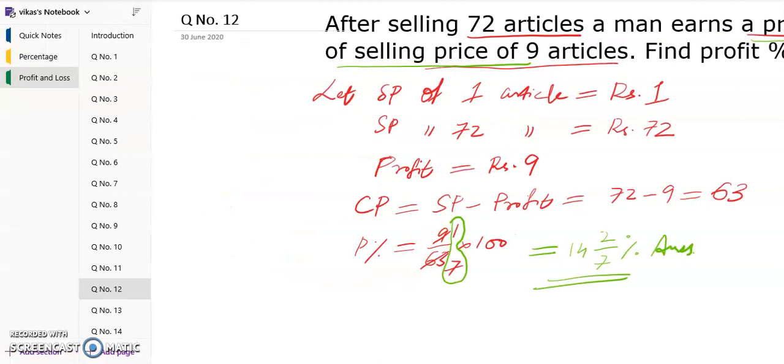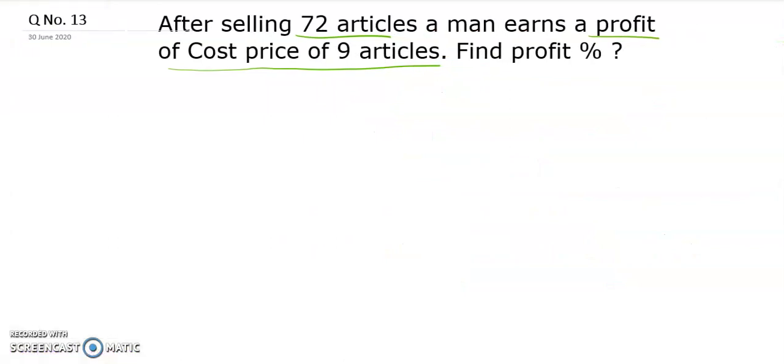So we had assumed the SP of one article, but in our current question number 13, the profit is on cost price.